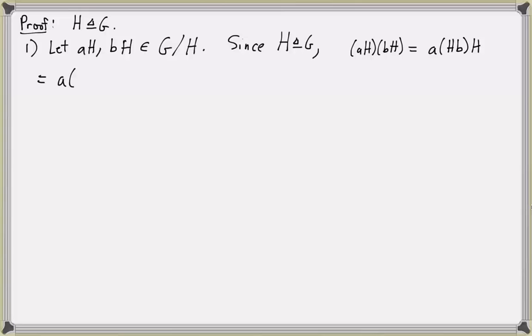So this is a times bH times H. Again, by associativity, we can write this as ab times H times H. But H times H is just H. So this equals the left coset abH. So we see that the product of aH and bH is abH, and that is another left coset.